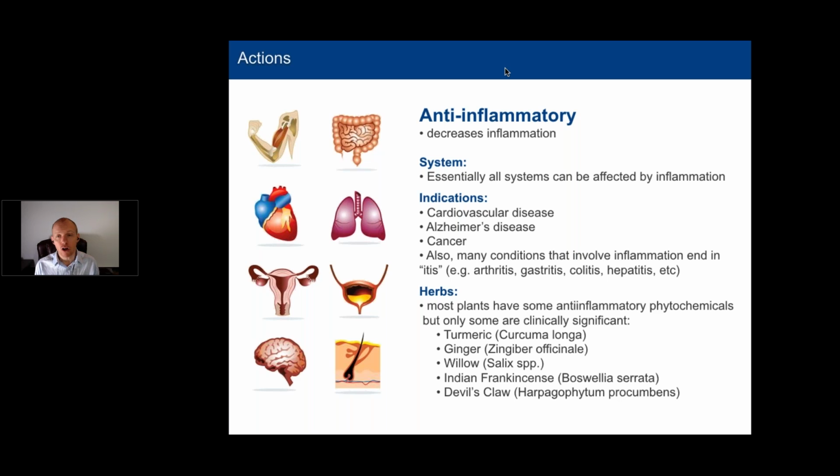So if someone has heart disease, there's always some sort of inflammatory process that's contributing to it. We know that if someone has elevated markers of inflammation in their blood, it does increase the risk of heart disease. And so people with autoimmune diseases like rheumatoid arthritis, or someone who just has lots of inflammation in their body, they're at a greater risk of developing heart disease.